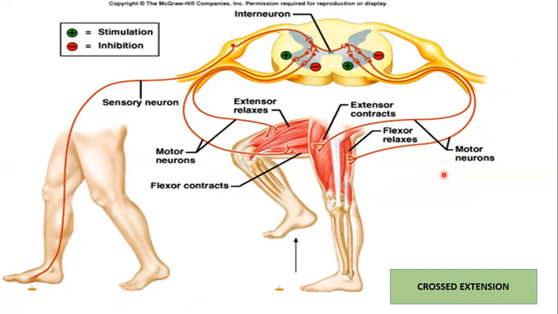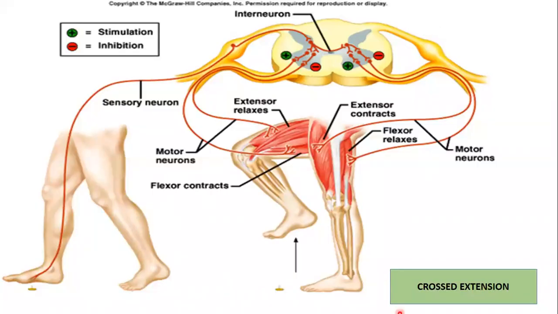So suppose we can say over here that we get this stimuli. These red ones are the inhibition stimuli which we are seeing, and the green ones over here we see the stimuli. So basically crossed stimuli.